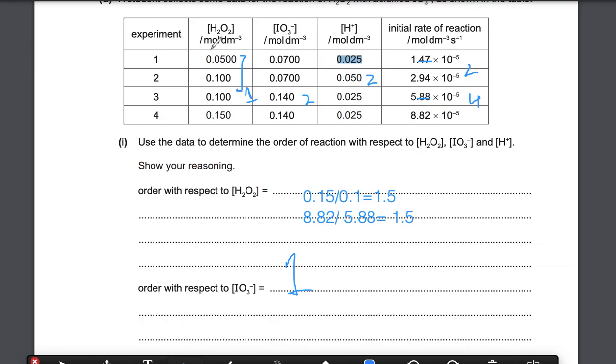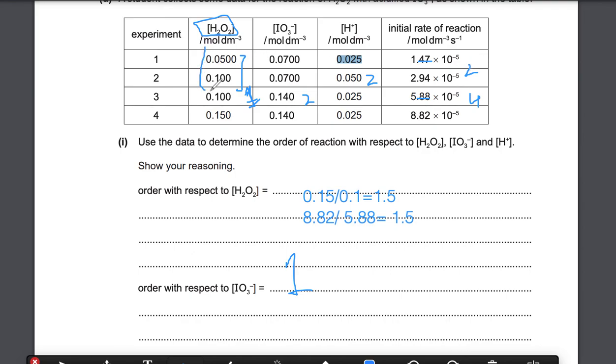So that means that since this concentration is also affecting the rate of reaction, the order of reaction is 1, which means it is increasing the reaction by the same rate as the concentration is being increased. So it is increasing it 2 times. Over here it's also 2 and over here it's also 2, which means it's a first order reaction.